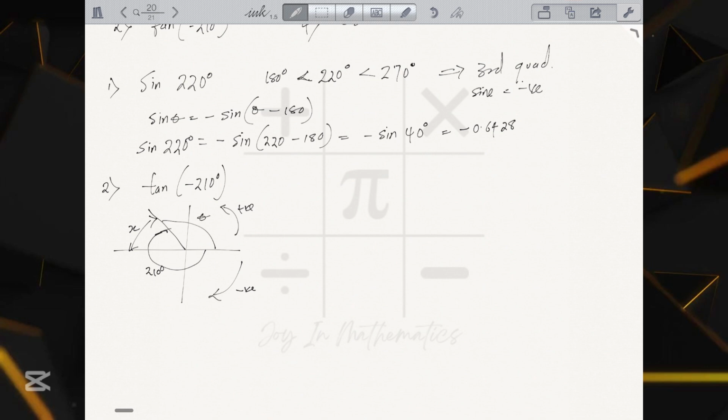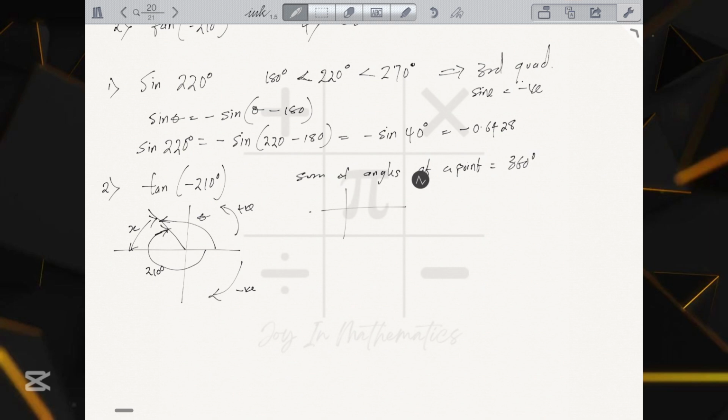To simplify this when we have negative angles, we understand that the sum of angles at a point is equal to 360 degrees.